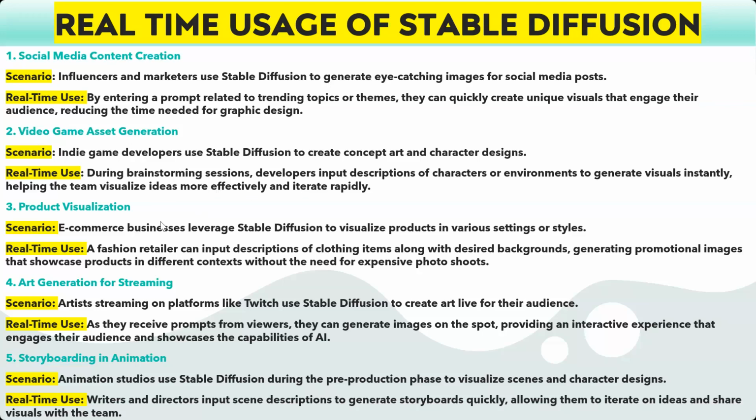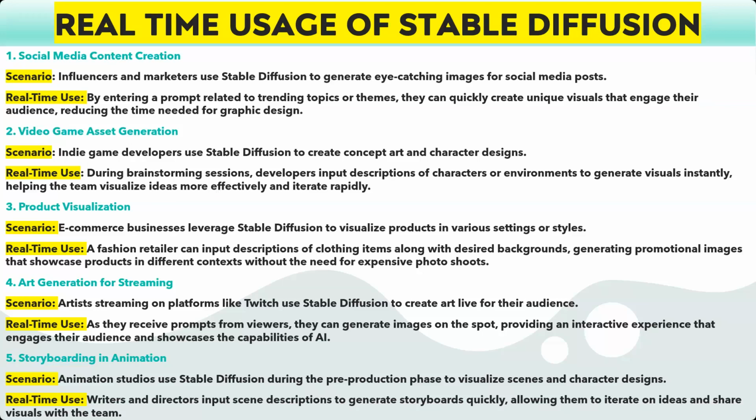Now, product visualization. E-commerce businesses leverage Stable Diffusion to visualize products in various settings and styles. If any new product launches in the market, they want to be creative, because the old designs are outdated.